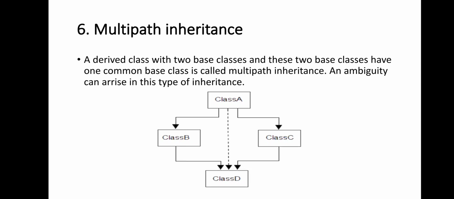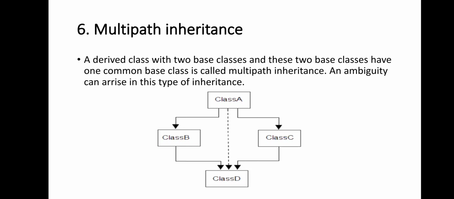Now sixth, that is a special type of virtual inheritance called multipath inheritance. In this case, a derived class with two base classes, and these all three base classes have one common base class, and this phenomenon is called multipath inheritance.